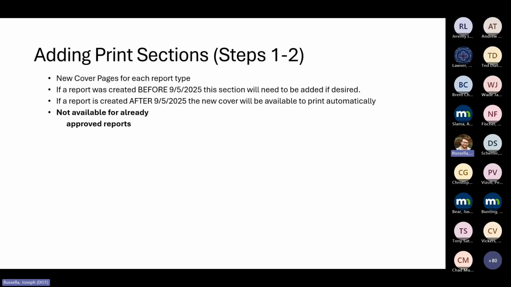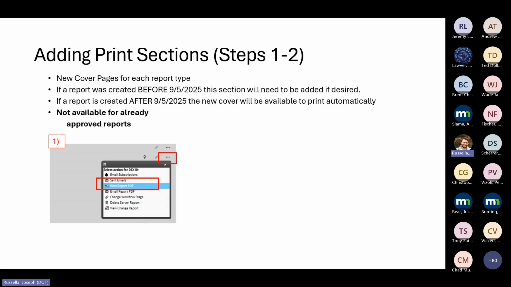If it was created after Friday, they will both automatically be ready to print. And unfortunately, they're not going to be available for already approved reports, unless we unapprove it and reapprove it, but that's not the preferred method.